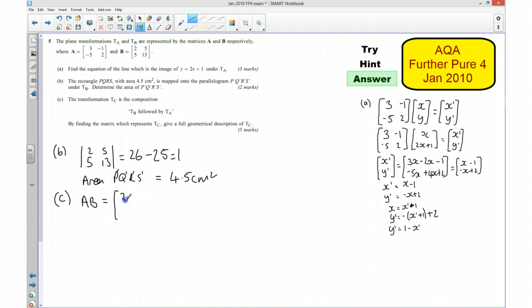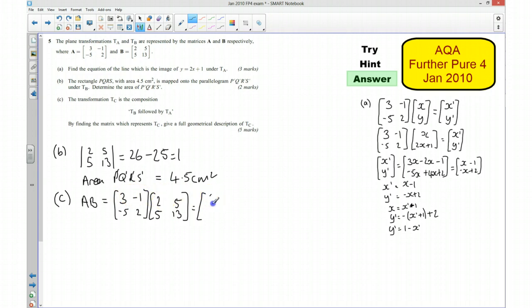So I'm looking for this product here. Okay, so if I find the product of these matrices, I'll write it out in full.